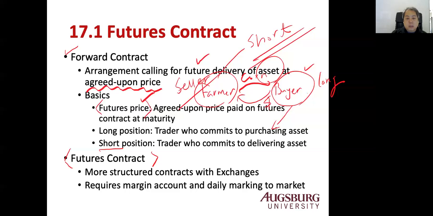So there's a difference between forward and futures. A forward contract is a bilateral contract. It's not structured. It's basically just a two-party contract. But a futures contract is more structured with exchanges, and there are margin accounts, and the account changes on a daily basis based on the market price of the asset. But the basics are the same.